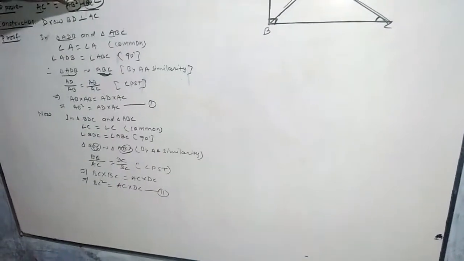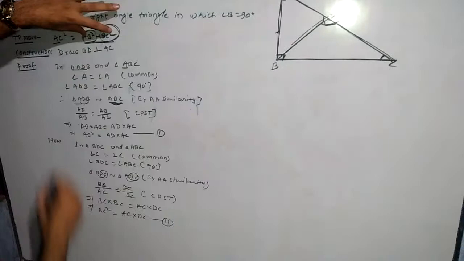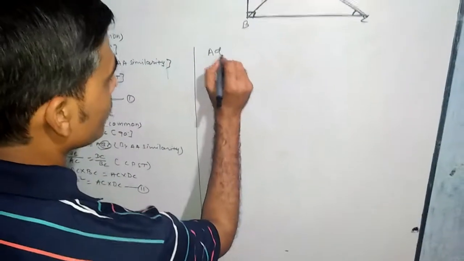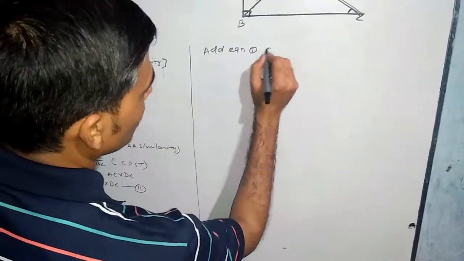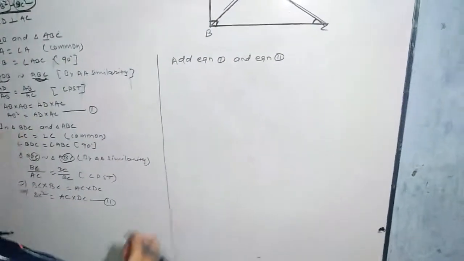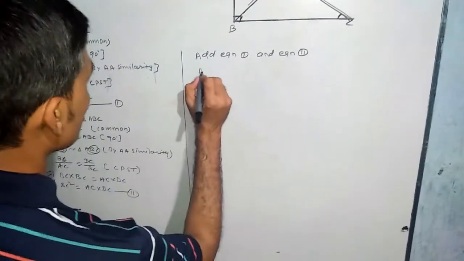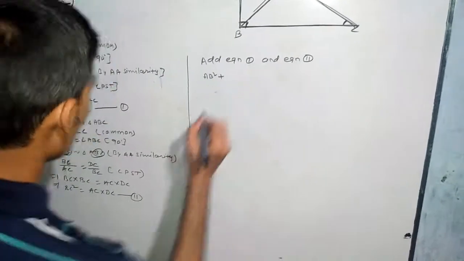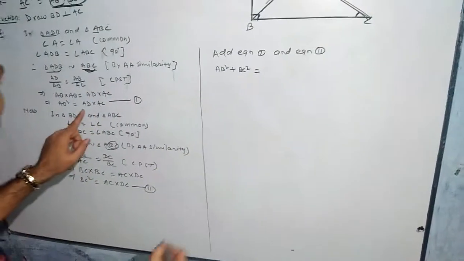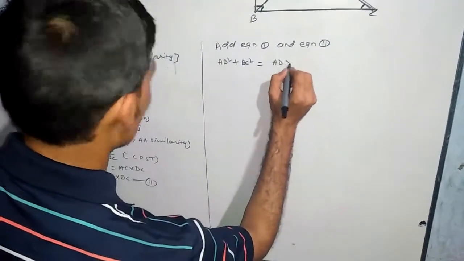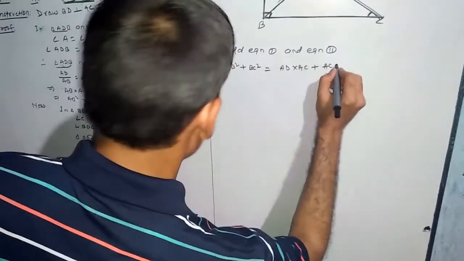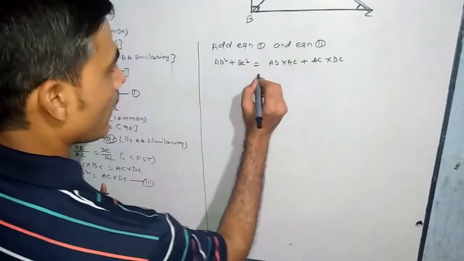But from the result we can understand from the RHS, I will add equation 1 and equation 2. From this, AB square plus BC square equal to AD into AC plus AC into DC.